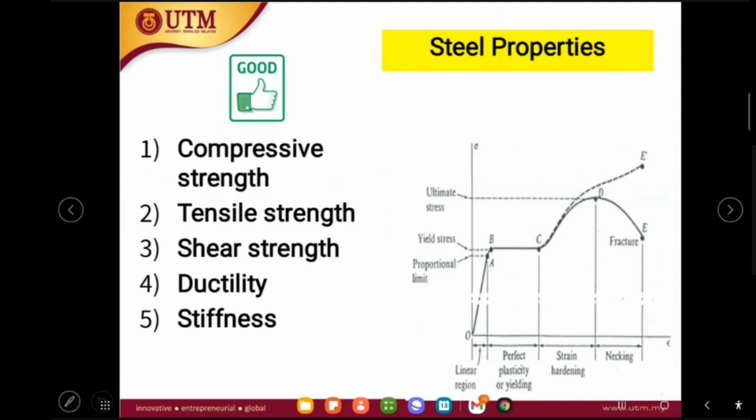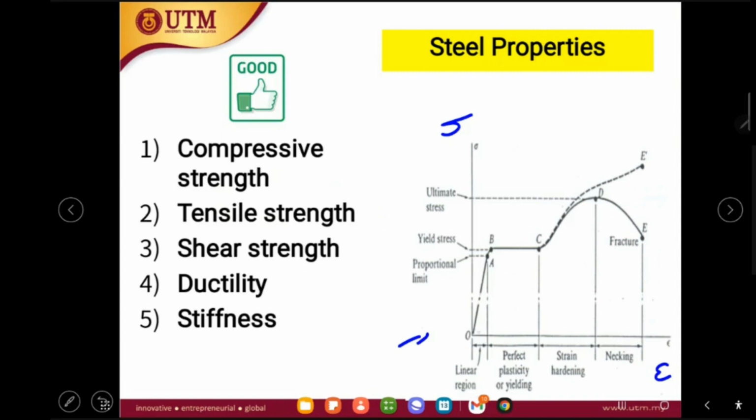Steel has very good compressive strength, tensile strength, shear strength, ductility, and stiffness. This diagram is the stress-strain diagram of steel.